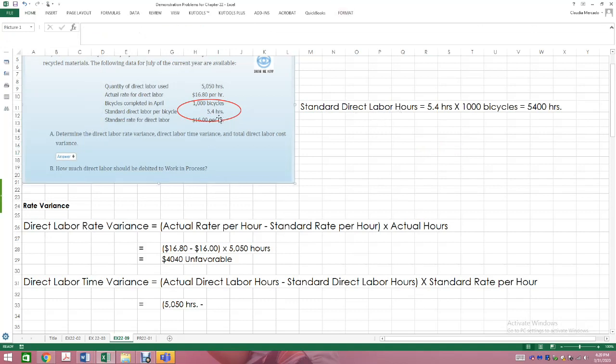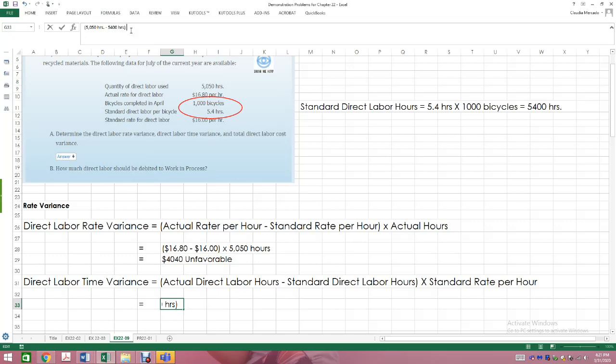We know that my standard rate is 5.4 hours per bike, and we manufactured 1,000 bikes, so that's going to give me 5,400 hours. So minus 5,400 hours, and then times my standard rate per hour. Your standard rate per hour is $16 per hour.